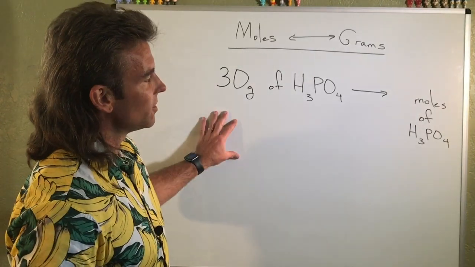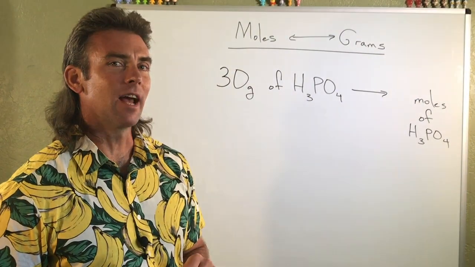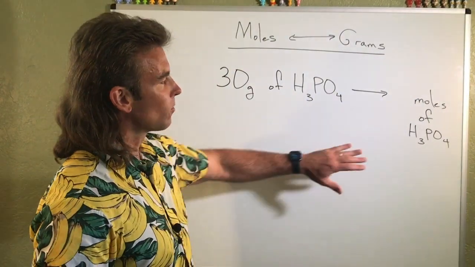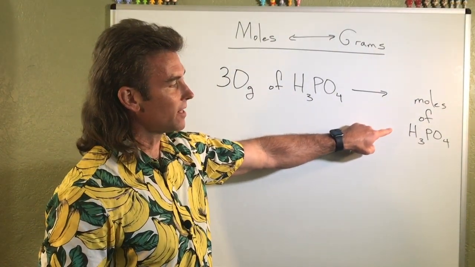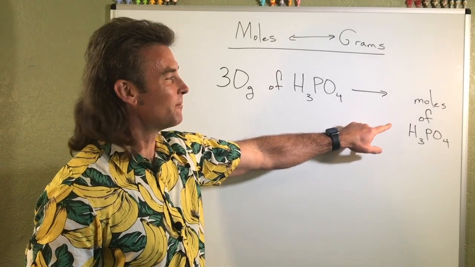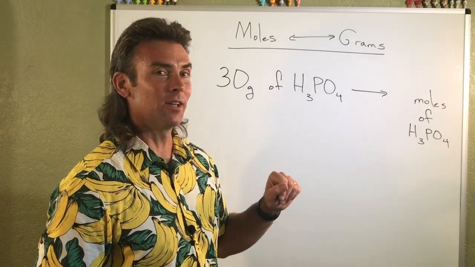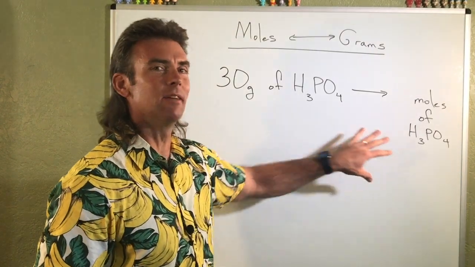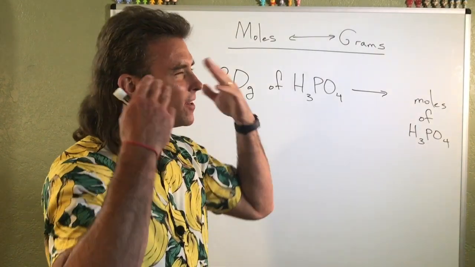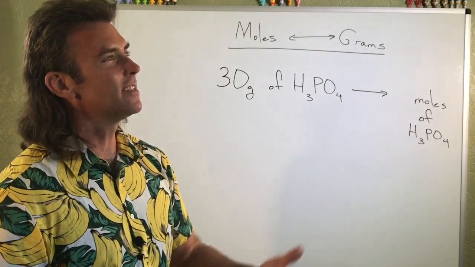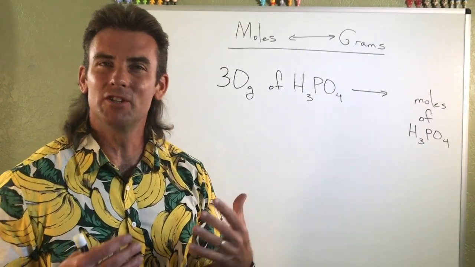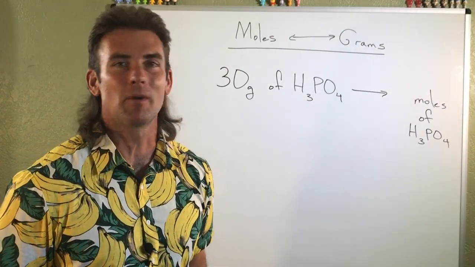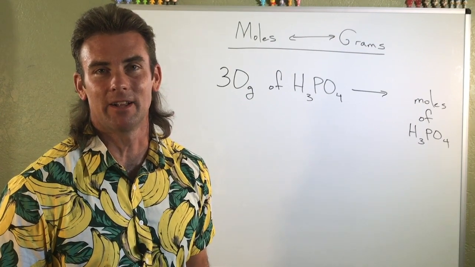So what we're going to do is remember dimensional analysis, and I'm also going to write down the formula mass of this thing, molar mass of that thing, which we calculated previously. And I'm going to write it out as an equality so we can start to think that all these molar masses are really just conversion factors that I probably have to use in some sort of dimensional analysis.